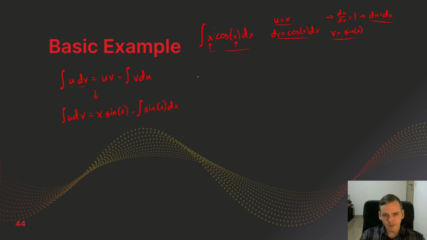And suddenly we've transformed an integral that we didn't know how to solve into an expression where this is fine, and this integral we do know how to solve. So we can actually continue to work. So we'll have x sine of x minus, and the integral of sine of x we know is negative cosine of x.